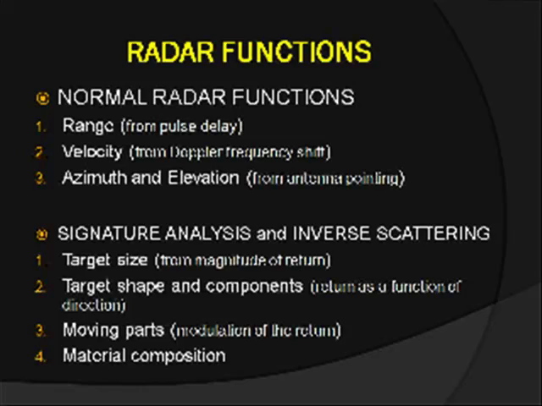From the modulation of the echo signal, we can also find what type of moving parts are there, the type of turbine blades or the helicopter rotor, etc. can be classified from this data. And there are much better radars which can be used to identify the material composition of the targets.